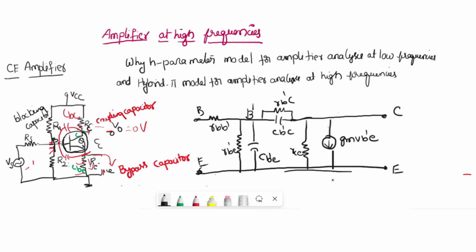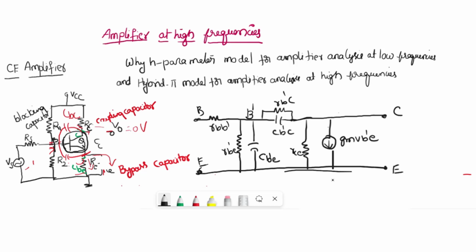So you can connect here in the hybrid pi model, that is between B dash and C. Base B dash and C. And there is another provision to connect the base emitter capacitor, that is CBE. This is CB dash E, between B dash and emitter. This provision is only in the hybrid pi model but not in the H parameter model. That is the reason we are taking this hybrid pi model for the analysis of this amplifier circuit.